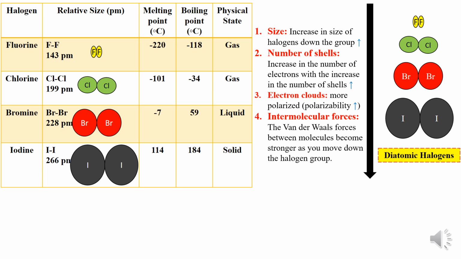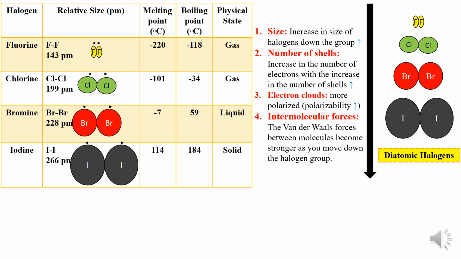So the size of the atom increases. Here the size is mentioned in picometers. With the increase in the size, you can see there is a drastic change in the physical state of the halogens. Fluorine and chlorine exist in the gaseous state. Bromine exists in the liquid state, while iodine exists as a solid.